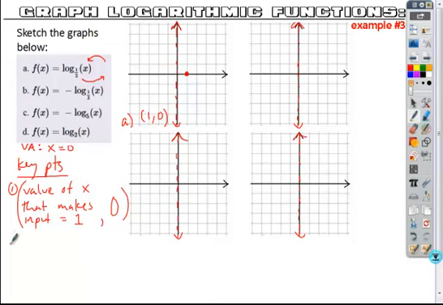And then the second critical point is going to be the value of x that makes the input equal to b. Okay, because what value of x do you need in order to make this whole input equal to our b value? The next point is 1/3, right?